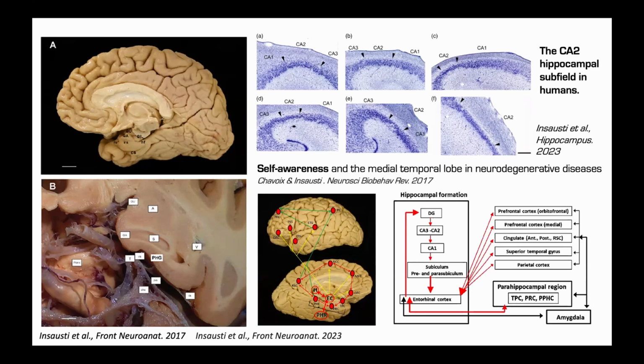It's like meta-memory. How do you recognize your own cognitive abilities? That type of self-awareness is impaired or not, depending on the disease. He worked on that, which I think is fascinating.